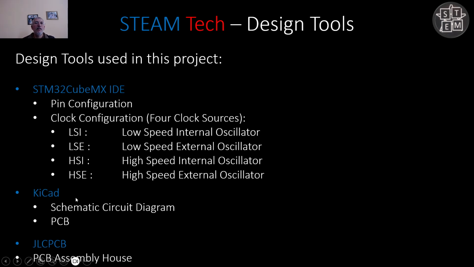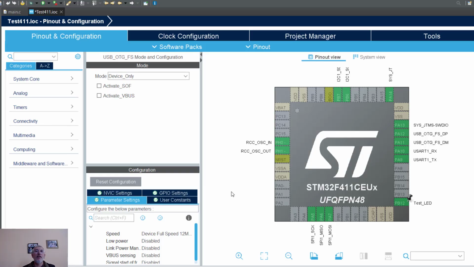So let's look at the first, the STM32CubeMX IDE. We're just going to go briefly over how this tool can help us configure the pins and the clock for our STM32 microcontroller.